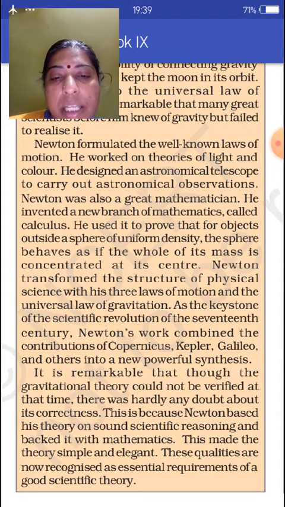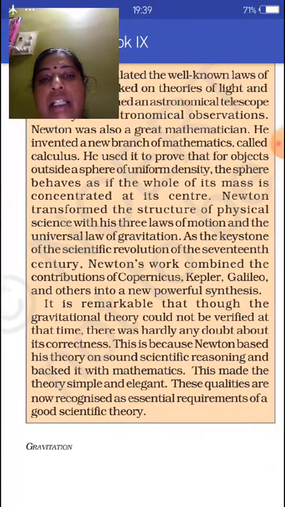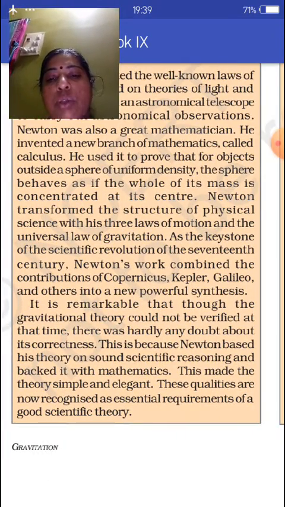I repeat these names: Copernicus, Kepler, Galileo, and others into a new powerful synthesis. It is remarkable that though the gravitational theory could not be verified at that time, there was hardly any doubt about its correctness.